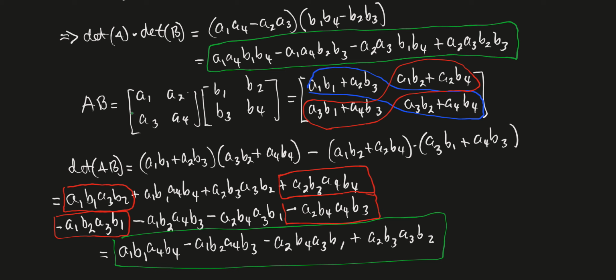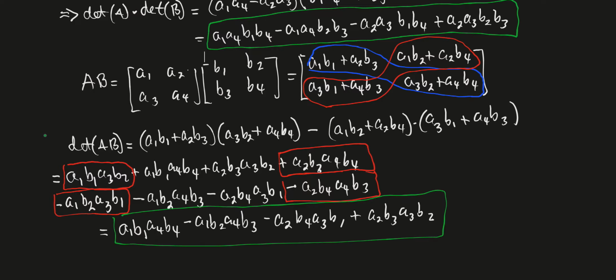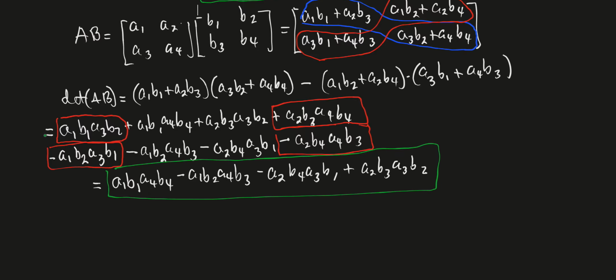So what we've shown is this. We've shown that if you take the determinant of the product, you get the product of the individual determinants. And this is arguably one of the most important properties of the determinant. So let's state it as our result. Summarizing all this algebra that we just did, we've established this fact.